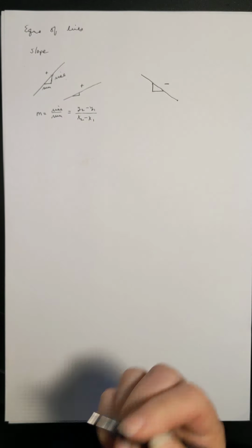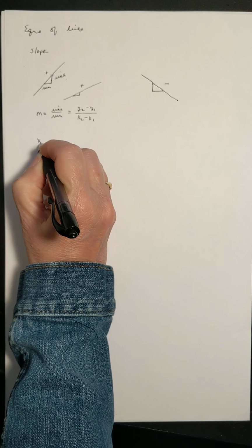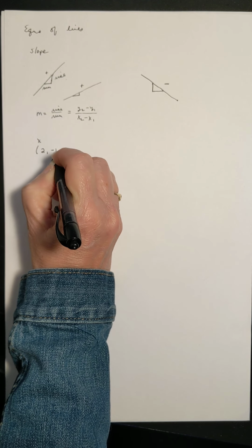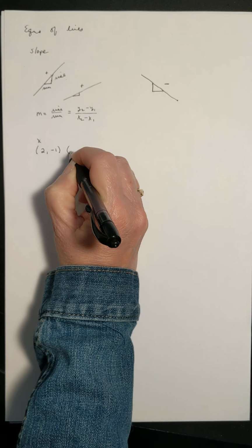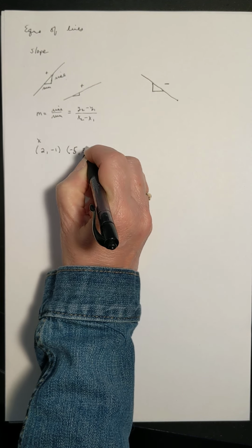Right? And so let's look at a couple of examples here. If I have the 2 points, 2 comma negative 1 and negative 5 comma 3.